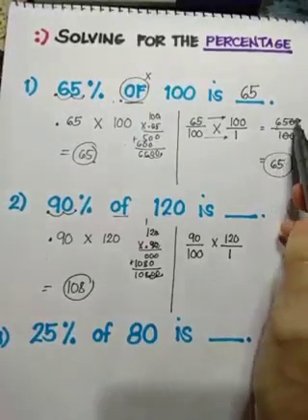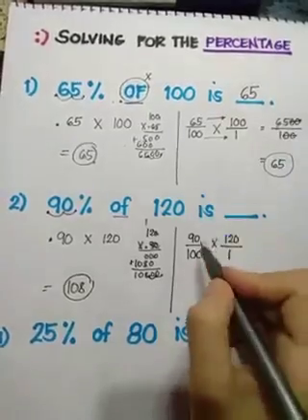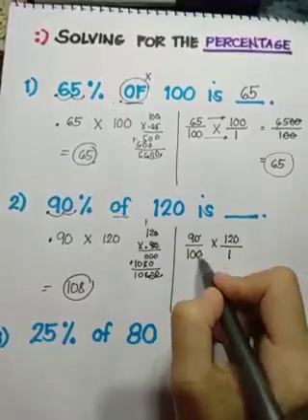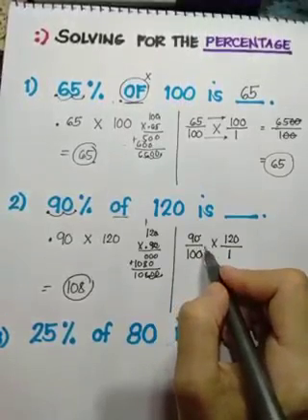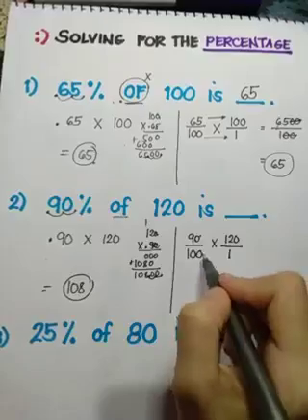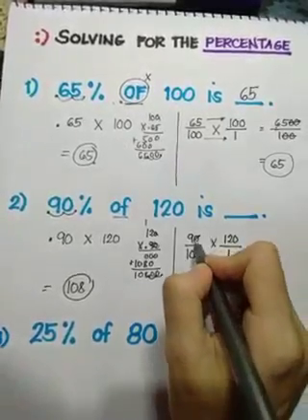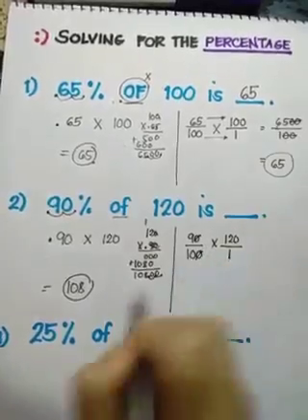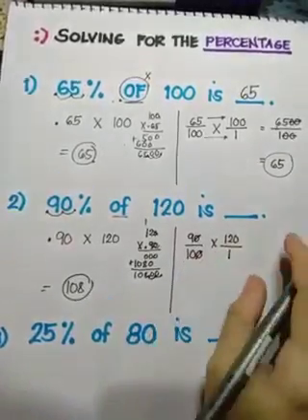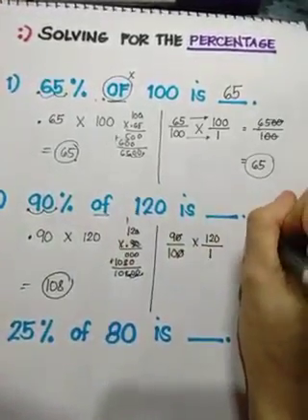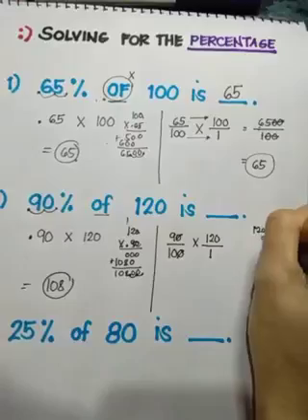Using the trick I used earlier, you're going to cancel out the zeros. Since both the numerator and denominator have 0, you can use that to make the number you multiply smaller. Let's try it. It will still be the same answer. So we have 9 times 120.